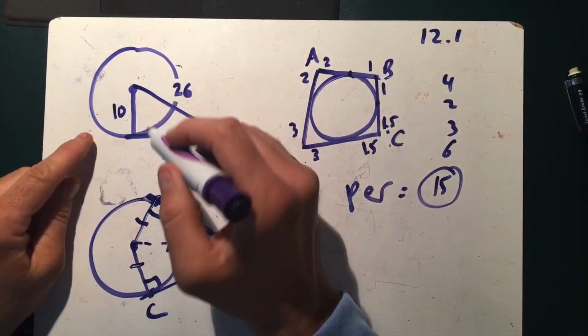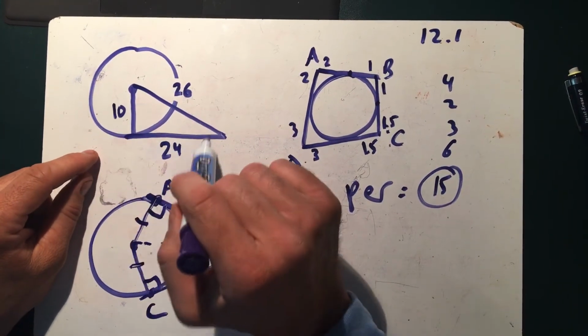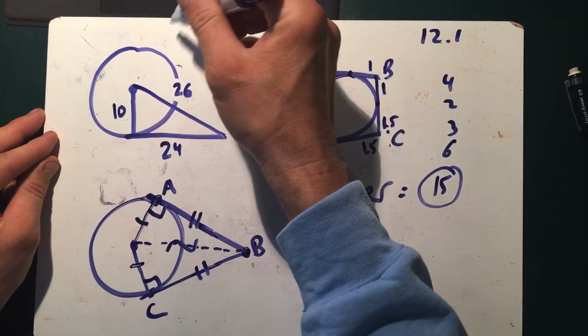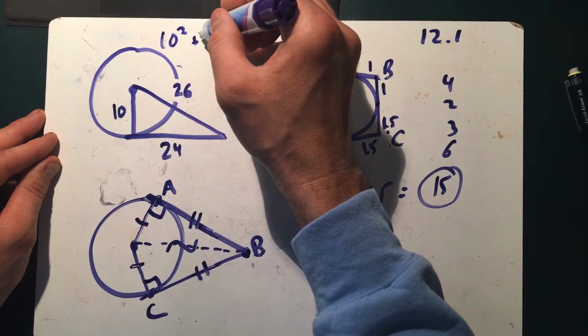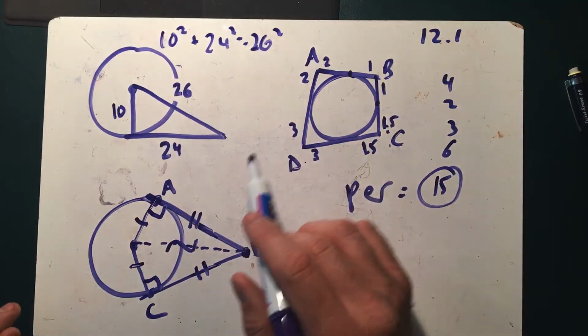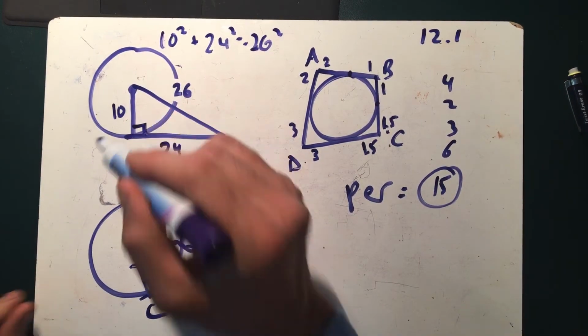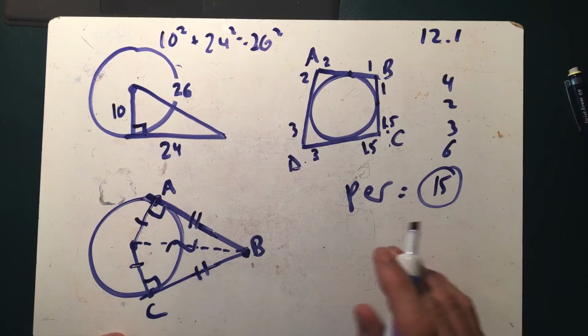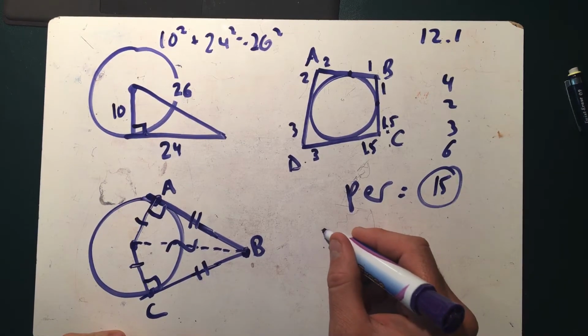That's cool. All right. So we're like, ooh, I recognize that. That's 5, 12, 13 doubled. Awesome. You're done. That's a right angle. Or you could say, well, is 10 squared plus 24 squared equal to 26 squared? And then you use a calculator and you figure out it is. Yes, indeed, it is.